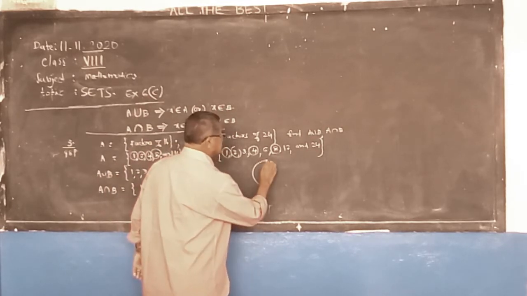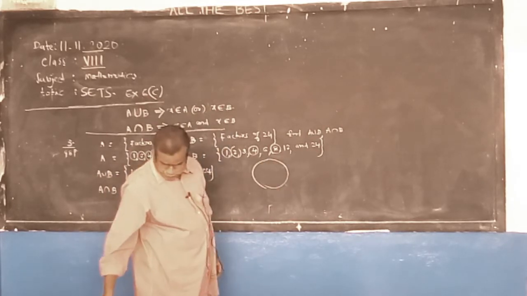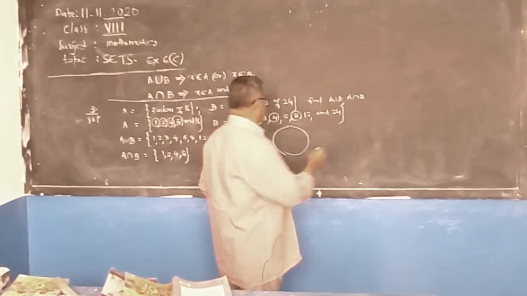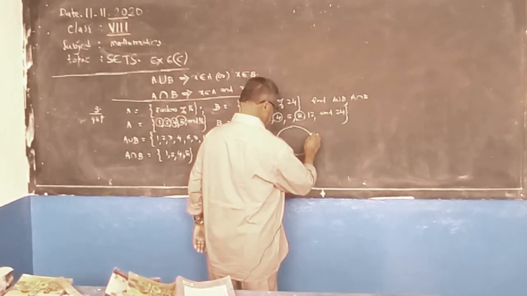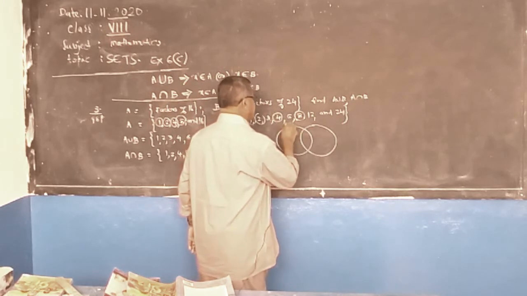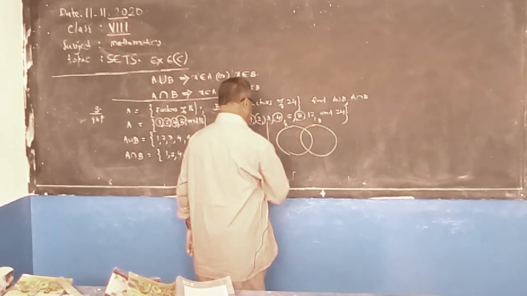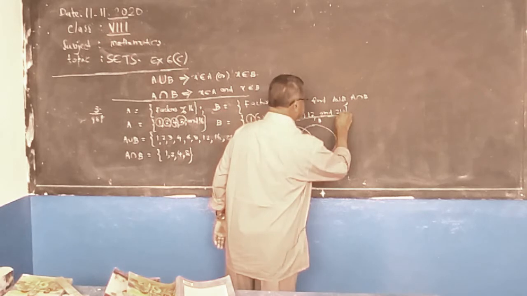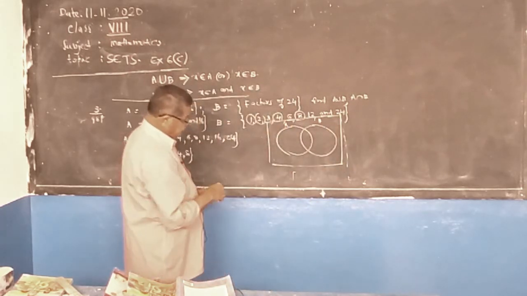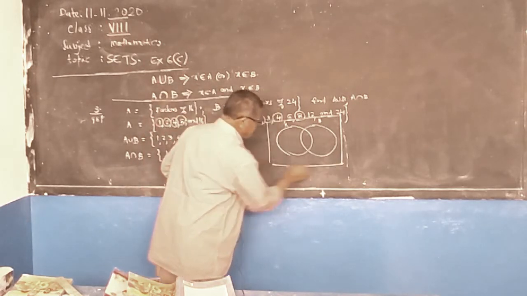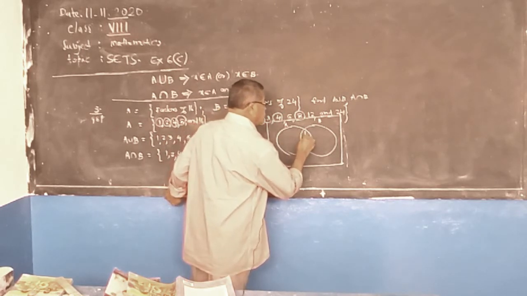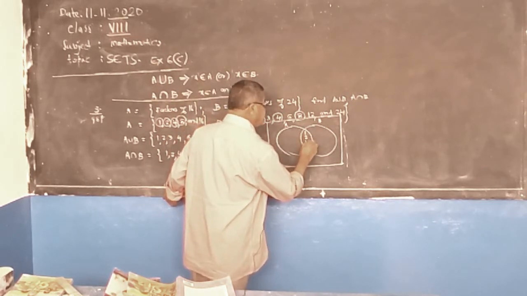We can represent this with a Venn diagram also. What is a Venn diagram? Draw circles, set A and set B, and draw a rectangle also. Write the common elements in the middle: 1, 2, 4, 8.